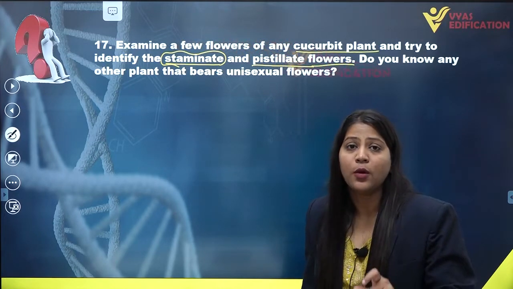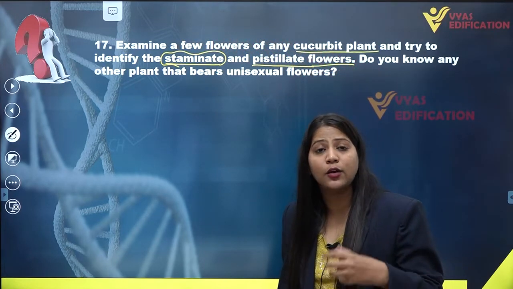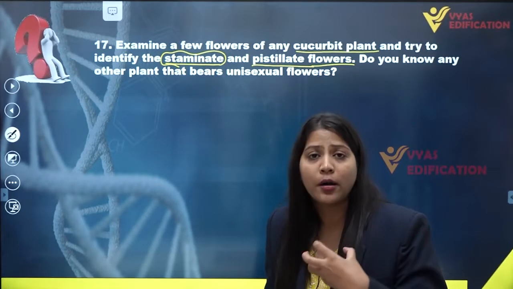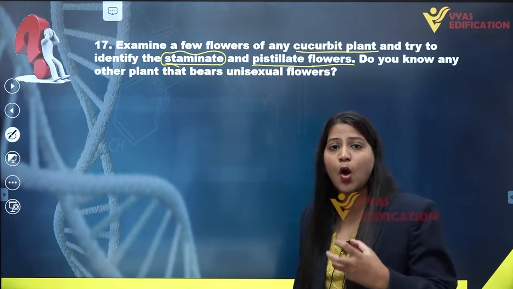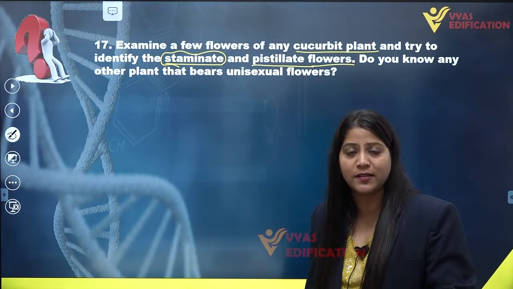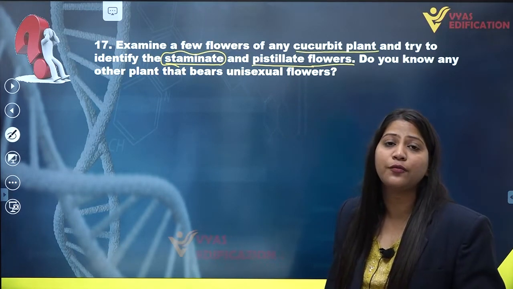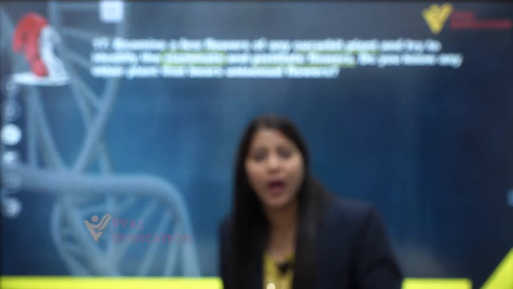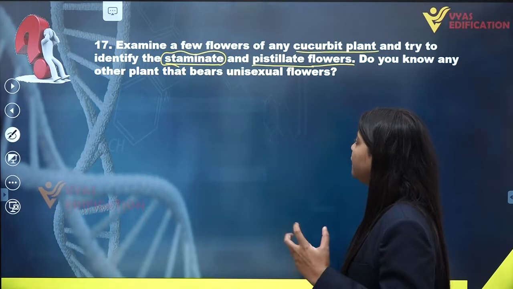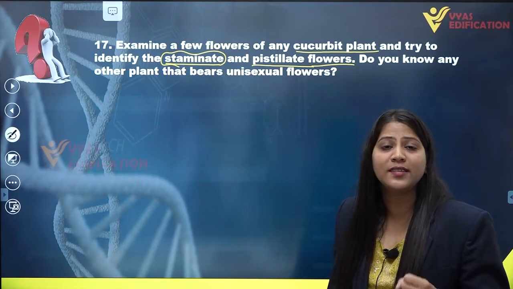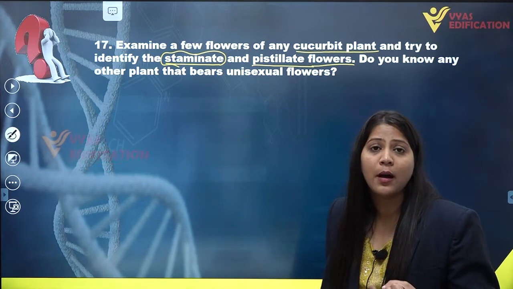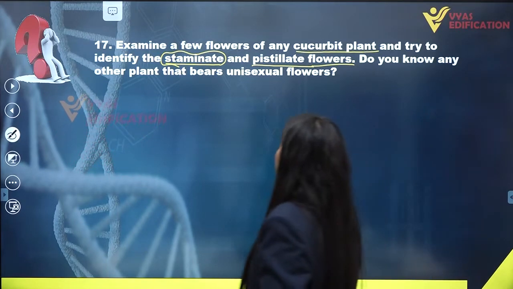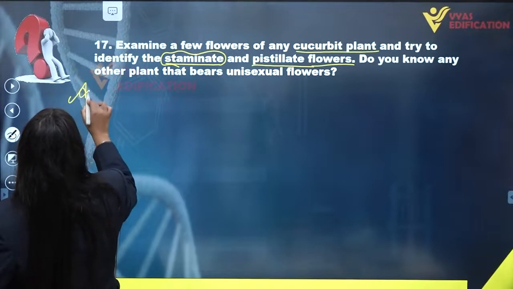If the flower contains bright yellow petals along with the carpel or pistil, it is referred to as a pistillate flower. For another example of unisexual plants, we have corn and papaya. Now we have to write the answer.